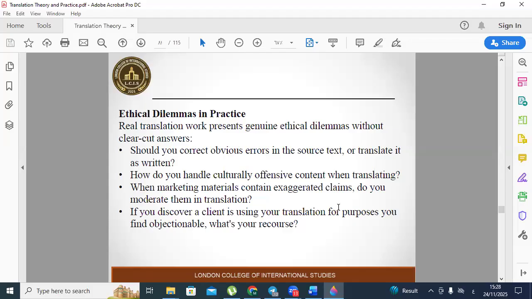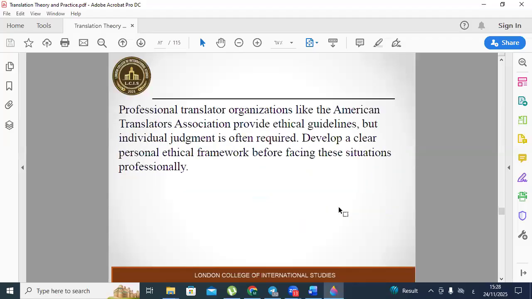If you discover a client is using your translation for purposes you find objectionable, what's your recourse? Professional translator organizations like the American Translators Association provide ethical guidelines, but individual judgment is often required. Develop a clear personal ethical framework before facing these situations professionally.